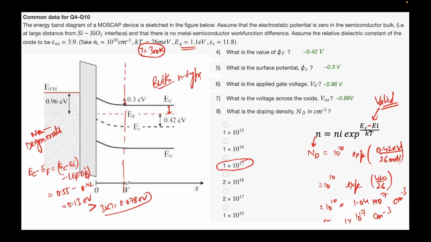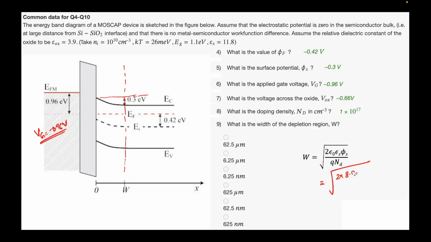Yes. So whatever name you call it, built-in potential, surface potential, it's going to remain the same, right? So just put the numbers here. Epsilon naught is 8.85 times 10 to the power minus 14, because remember we are doing it in centimeters, not in meters. Epsilon s, this is for silicon, so it is 11.8.